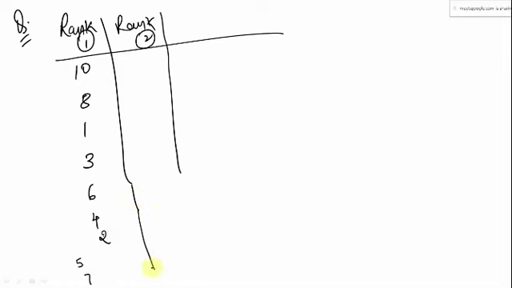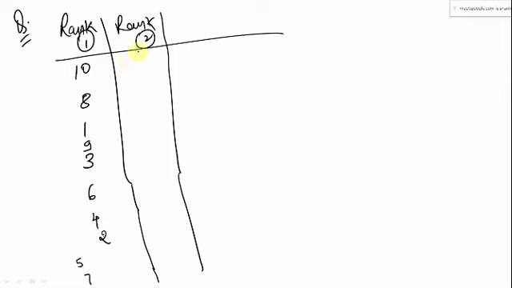Just check 1 to 10, all ranks are there or not. 1, 2, 3, 4, 5, 6, 7, 8, 9, 10. Is it there? No, sir. We are missing 9. So we can take 9 at the fourth place. Okay. Now is it okay?